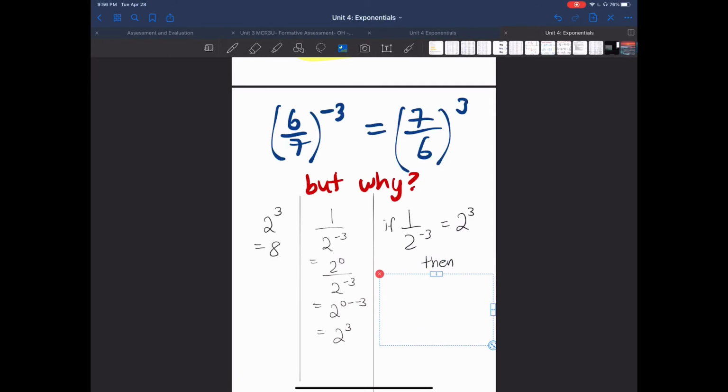We could then say that 2 to the negative 3, the reciprocal version of the one below, should equal 1 over 2 to the 3. So what we're doing every time is that if you have 6 over 7 to the exponent negative 3, we are simply switching the numerator and denominator and then putting it as the opposite sign for the exponent.